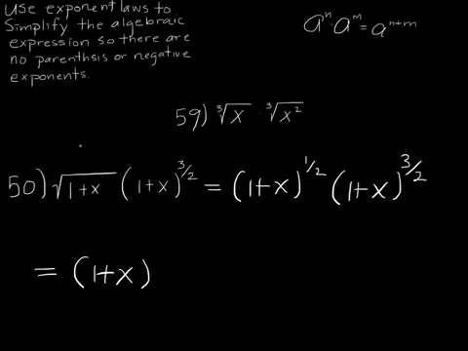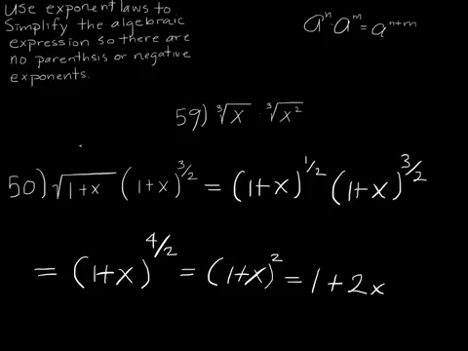So 1/2 plus 3/2 is 4/2, which equals 1 plus x squared. Now we simply have to multiply this out, giving us 1 plus 2x plus x squared. We have to multiply this out in order to get rid of the parentheses. And we're done with this problem.